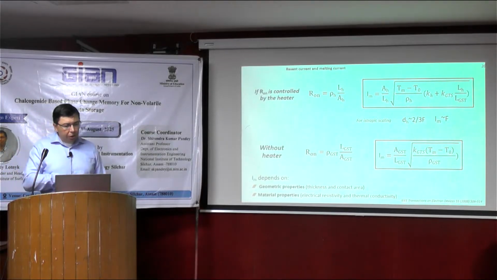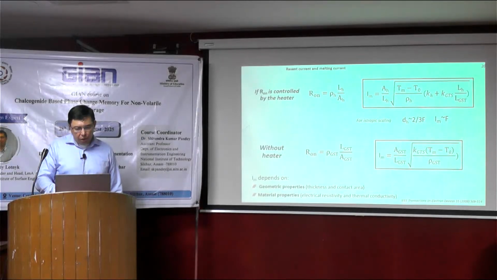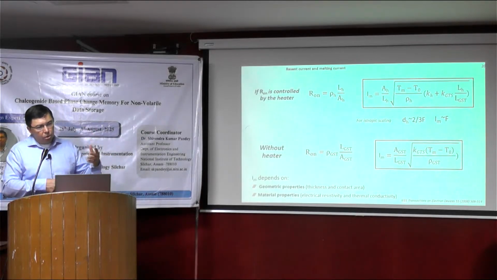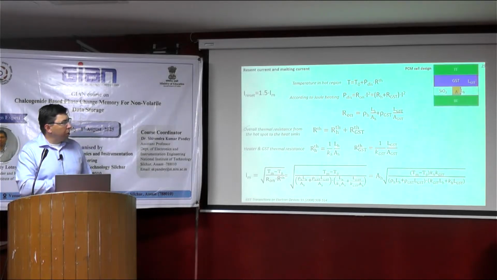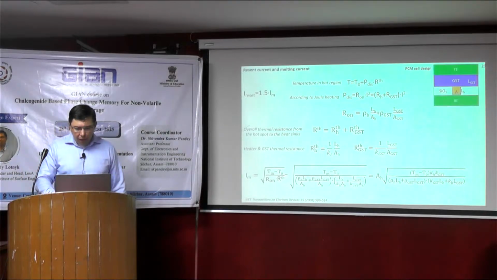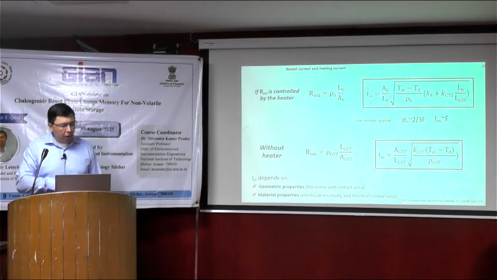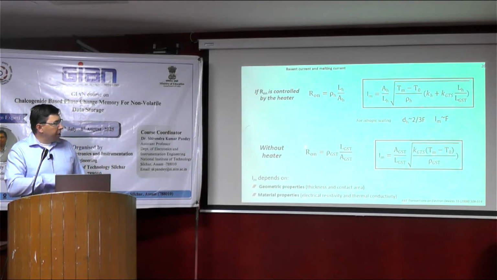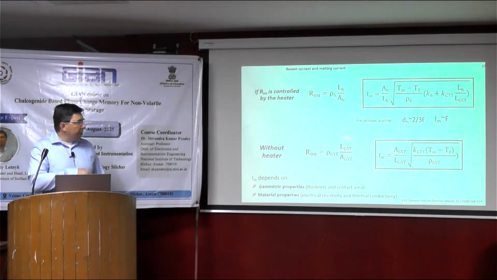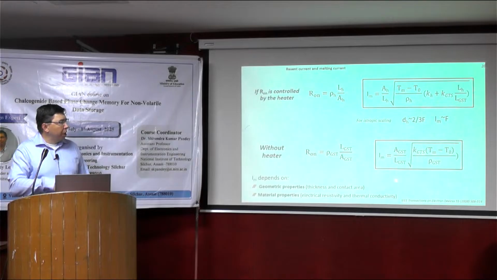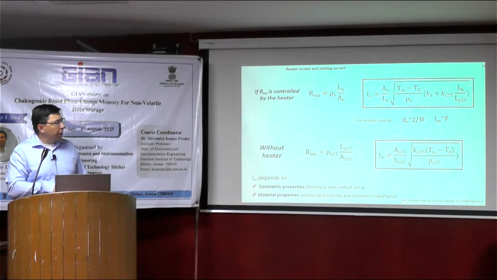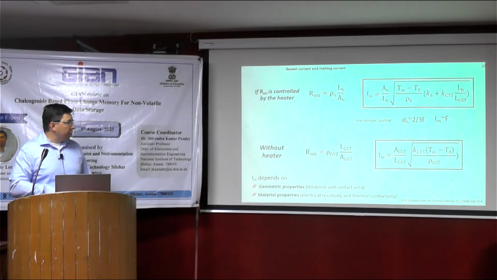If we consider our system without a heater, if we just have two electrodes and the GST layer, then we can neglect this term, and the resistance depends on the material properties of GST, and then the melting current depends simply on the properties of GST, like dimension, length, and material properties like K and rho.